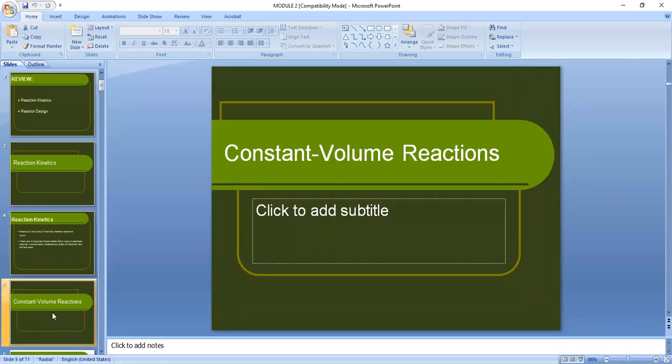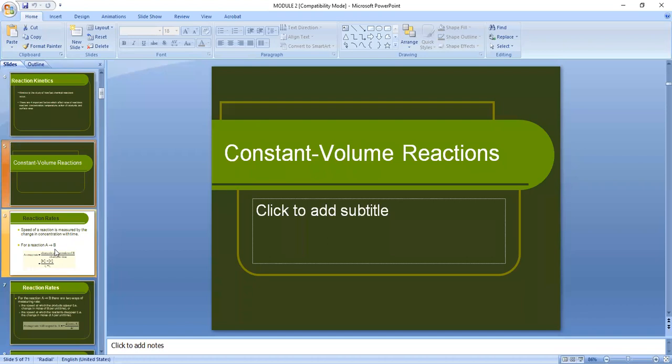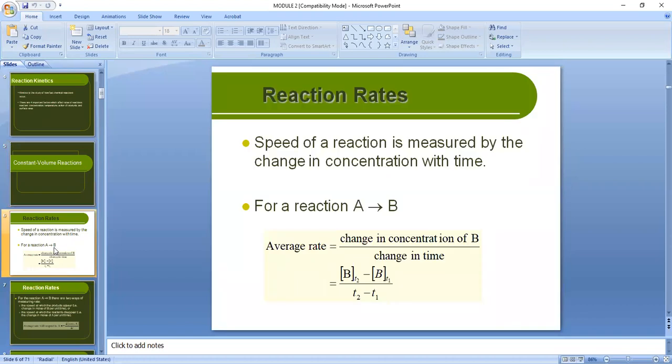Now, for constant volume reactions, the speed of reaction is actually measured as an average. When we speak of the average rate, we just take the difference of two concentrations and divide it over the time in which these concentration values were taken.